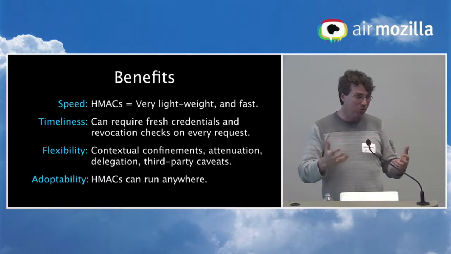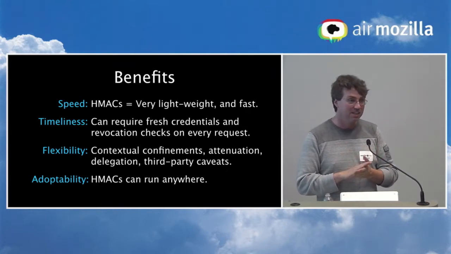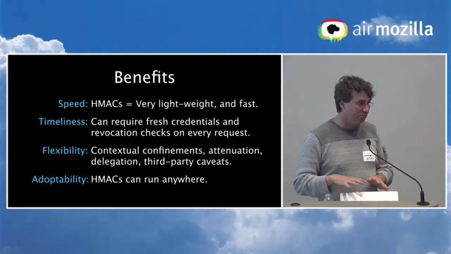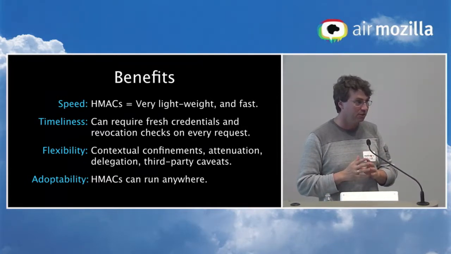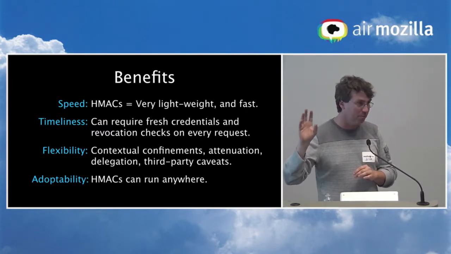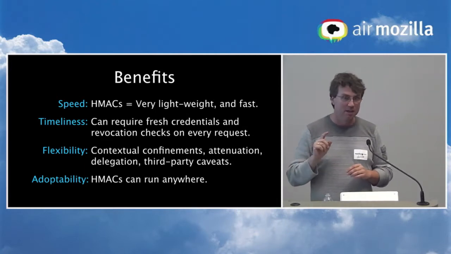So all of this credential-based, claims-based, or evidence-based authorization security is very flexible, but until macaroons, to get the flexibility you really needed to use public key crypto. So speed is one thing. This is lightweight and fast. It just uses HMACs, so even implemented in JavaScript in the web browser, it's fast.